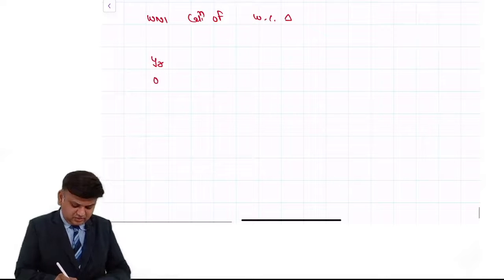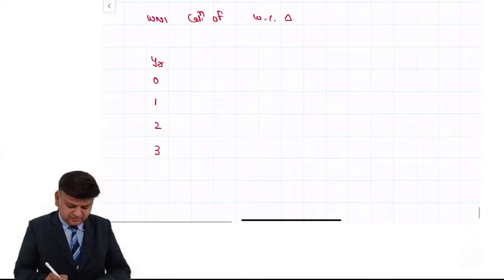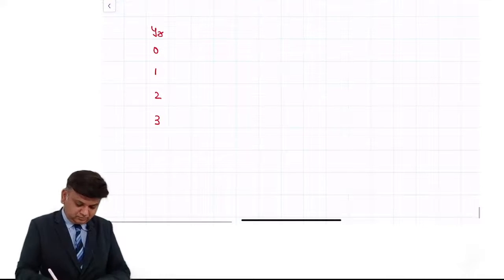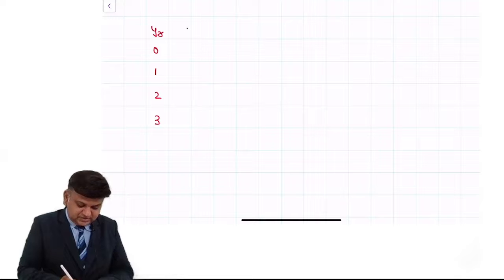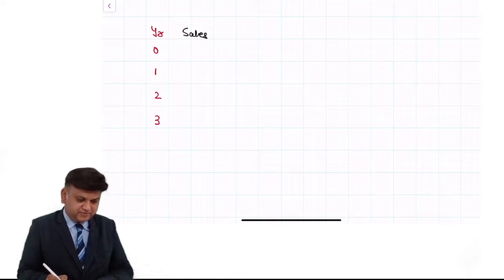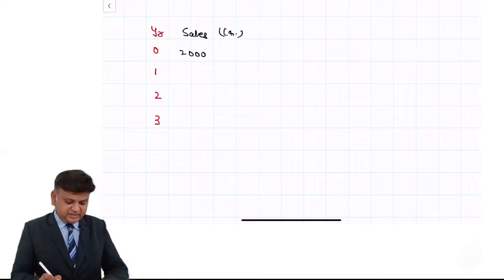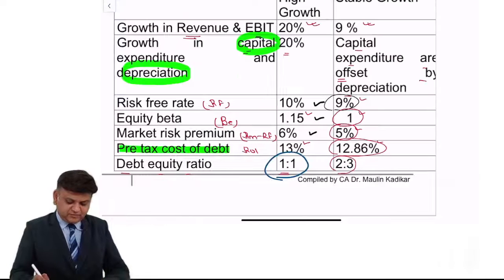So year 0, year 1, year 2, year 3. Sales information is provided to us. Year 0 revenue is given to us as 2000 crore. End of year 1 it has been given that it will grow at the rate of 20%.